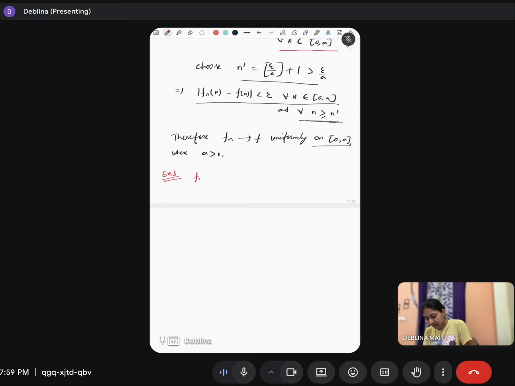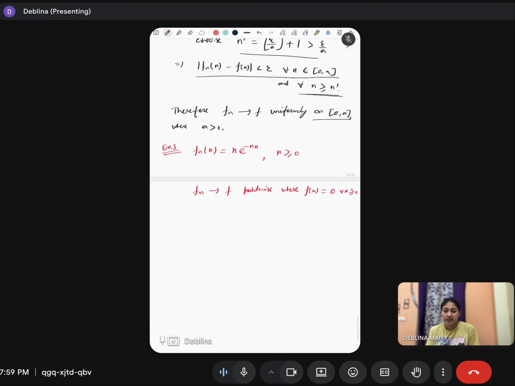So take fn(x) to be x times e to the power minus nx, right, where x is greater than or equal to 0. We have already seen this in pointwise convergence. So fn converges pointwise to f, where this function f is the zero function, 0 for all x greater than or equal to 0.